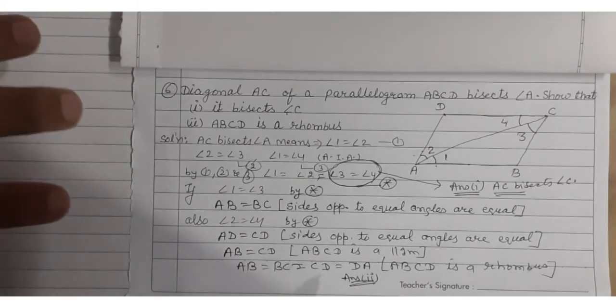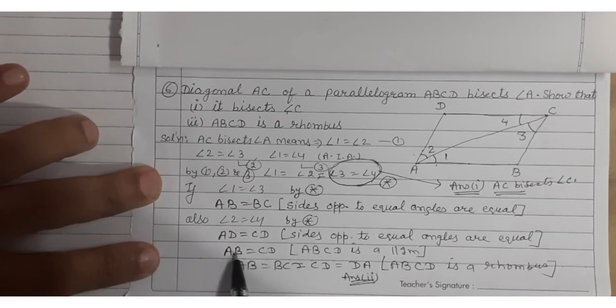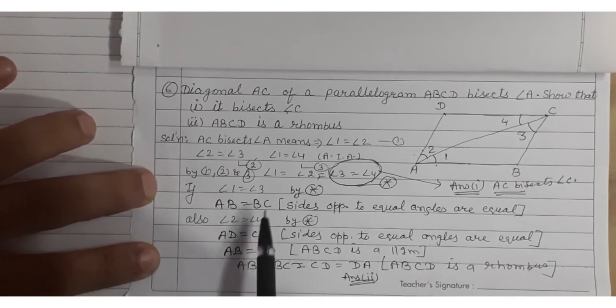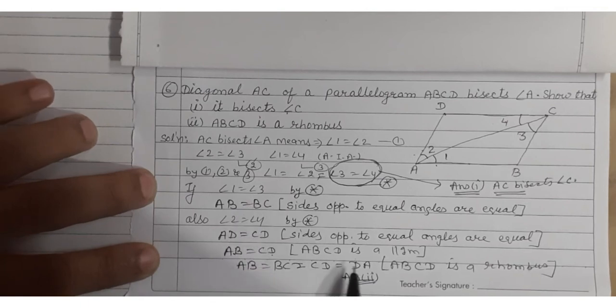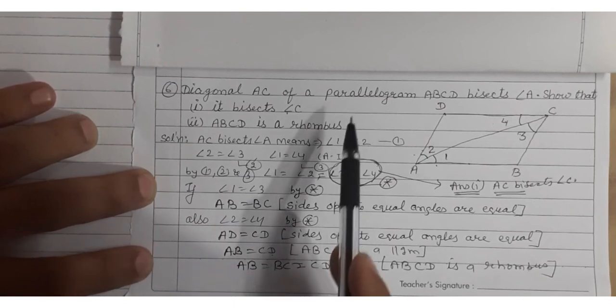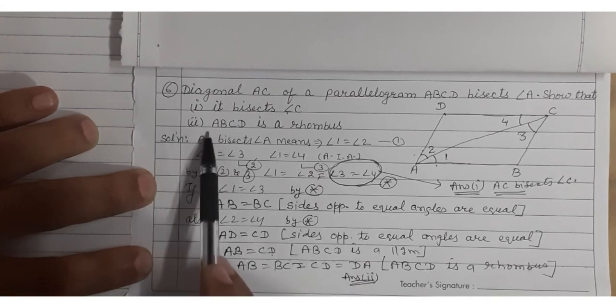AB equal to BC is also given, AD equal to CD we got it, AB equal to CD we got it. With the help of these three equations we can write AB equal to BC equal to CD equal to DA. And watch, in a parallelogram if all four sides are equal, this will be a rhombus. Okay, definitely it will be a rhombus. So this is your answer number 2.